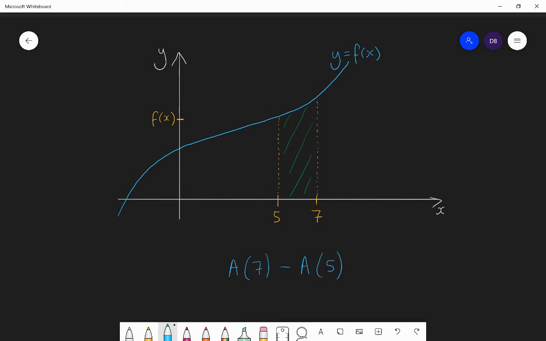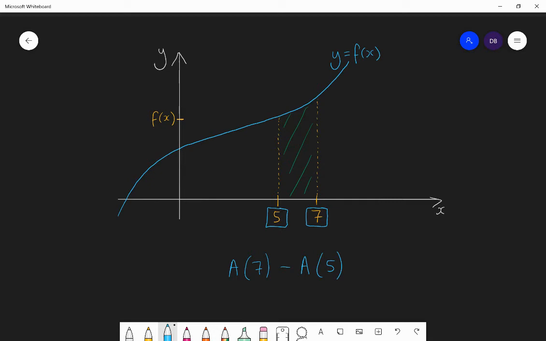Okay? And the area function is the integral of f of x. So really what I want to do is integrate f of x, and that will give me the area function. And then I want to substitute 7 in, and then I want to substitute 5 in. So that's why we substitute the upper limit, and then we subtract the substitution of the lower limit.